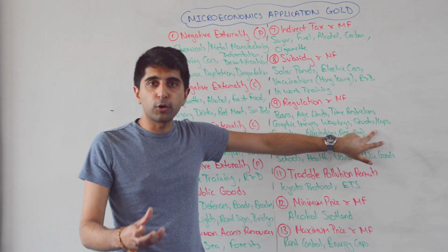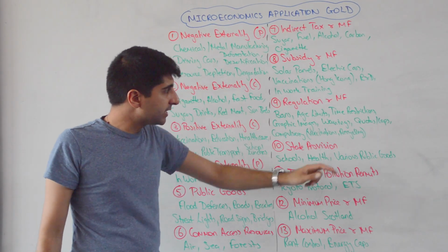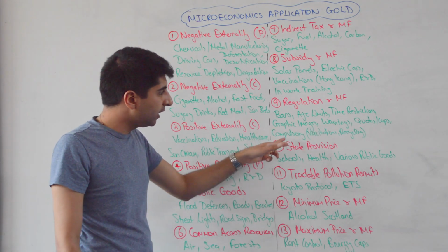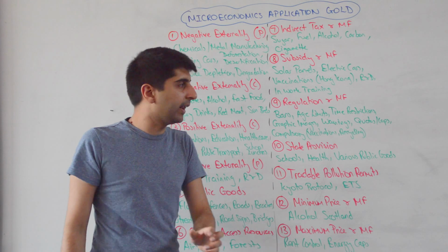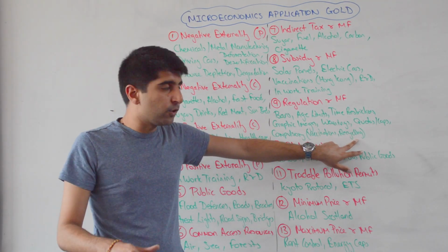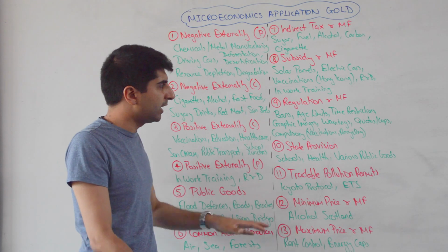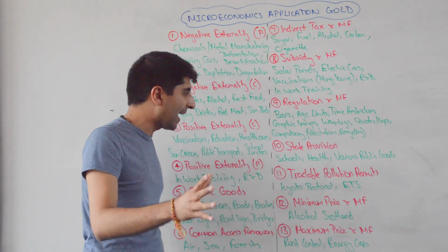In Singapore they've got quotas over how many cars can be on the road at any one time. They're great to talk about as a regulation. Anything that's compulsory, so compulsory vaccination, they're talking about that in Italy right now. They're talking about that in the US, compulsory recycling, like we see in the UK. There are loads of examples of regulations that you can apply to different types of market failure, so think of your own examples there as well.